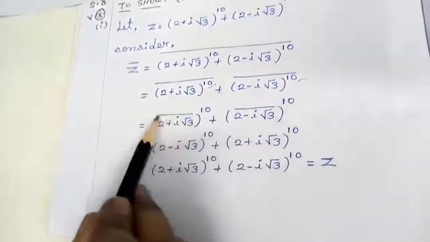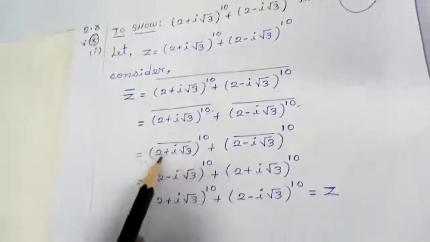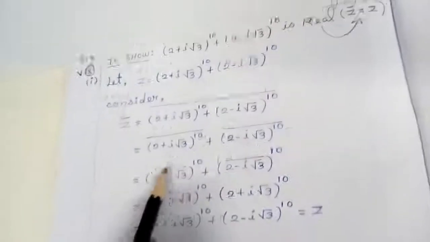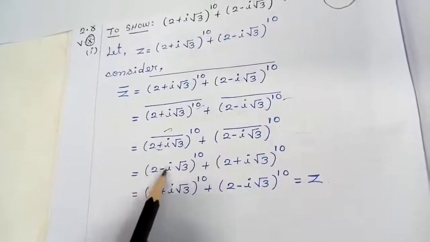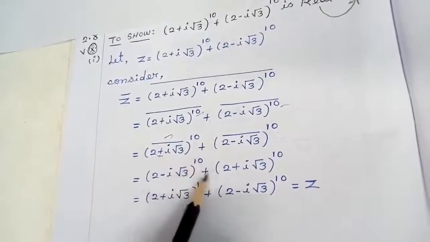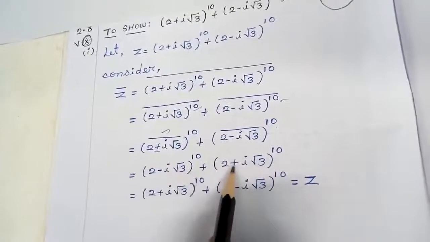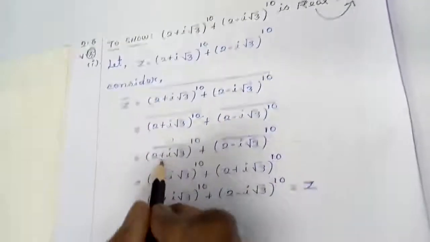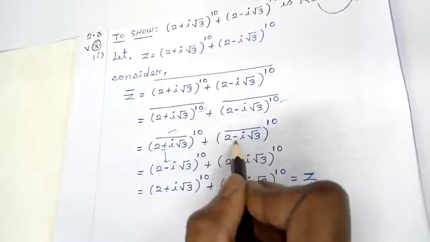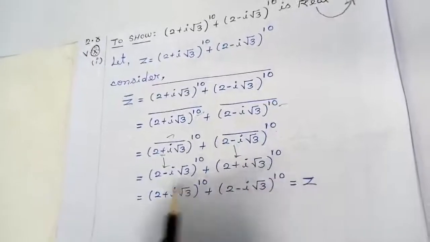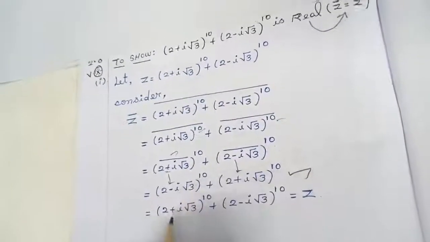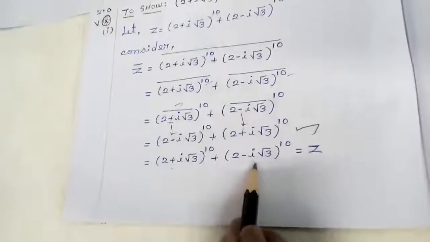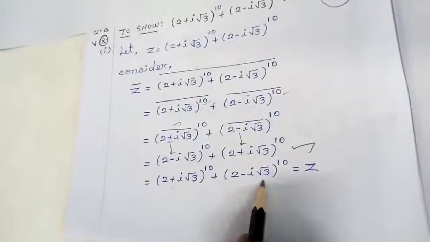Once I remove this bar symbol, the sign will be changed in the middle. That is, (2 minus i root 3) whole to the power 10 plus (2 plus i root 3) whole to the power 10. If you observe here, you can find the difference while I am removing the bar symbol. If you interchange and write, automatically I will get the original question, which I framed as z.